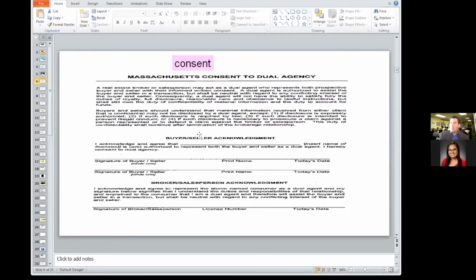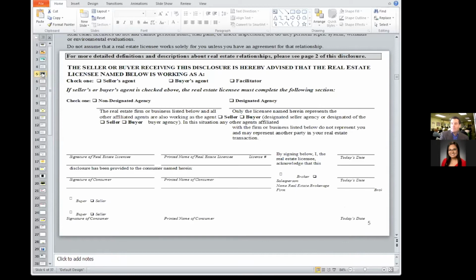Now, this is consent to dual agency. You must give it if you're a dual agency company. I don't know if you are or not. If you're a dual agency company, then you are a traditional real estate firm. It gets complicated, so I'm just talking about forms now.